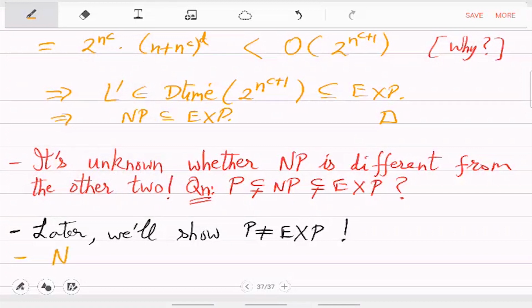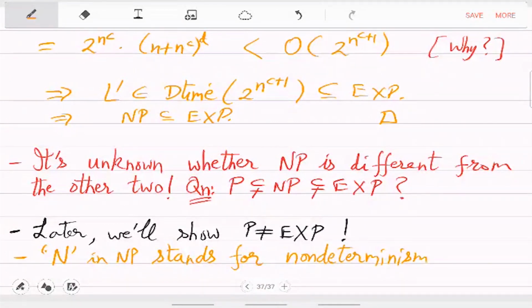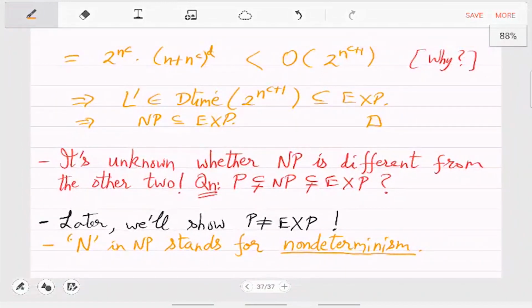So the N in NP stands for non-determinism. Okay, so non-deterministic polynomial time. That is what it means.